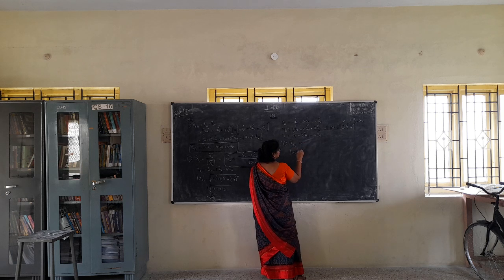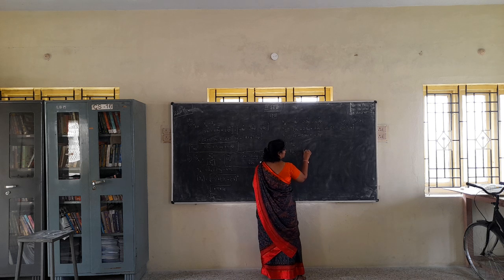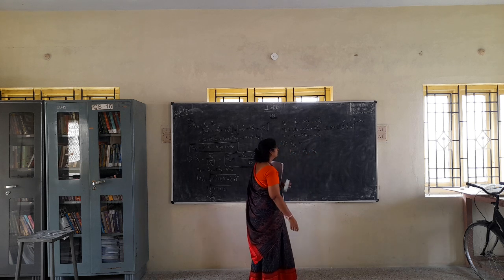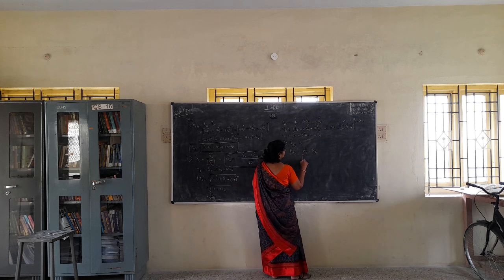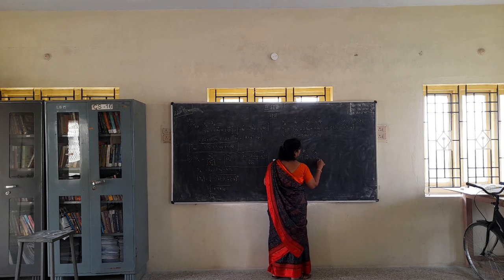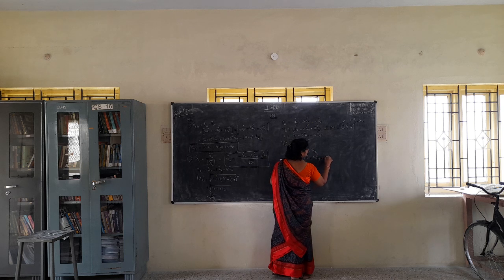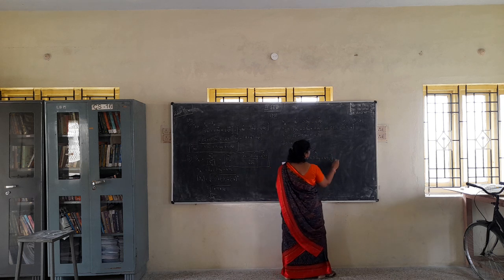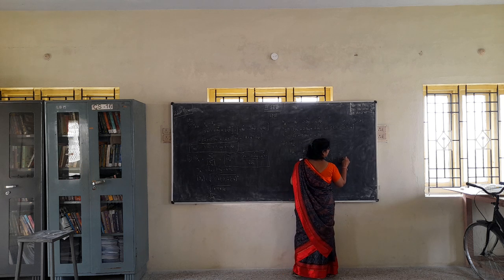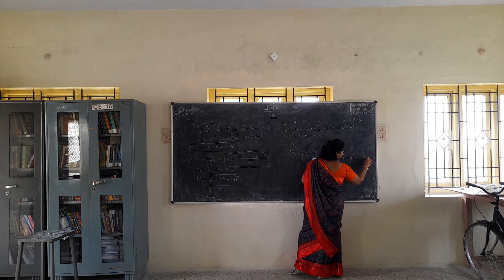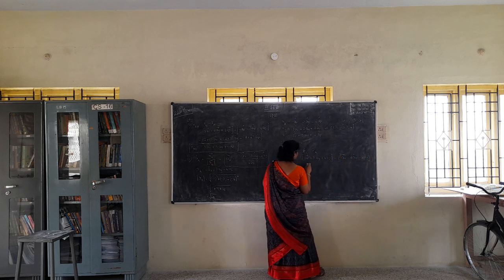AC vector. So RAC is RC minus RA. So RC value is AX vector plus 3AY vector plus 4AZ vector, minus RA, which is minus AX vector minus 3AY vector minus 4AZ vector.